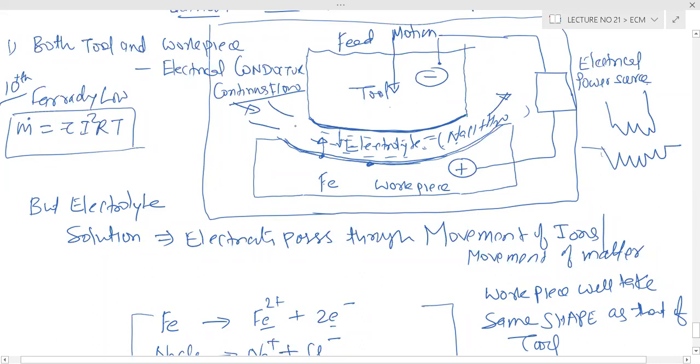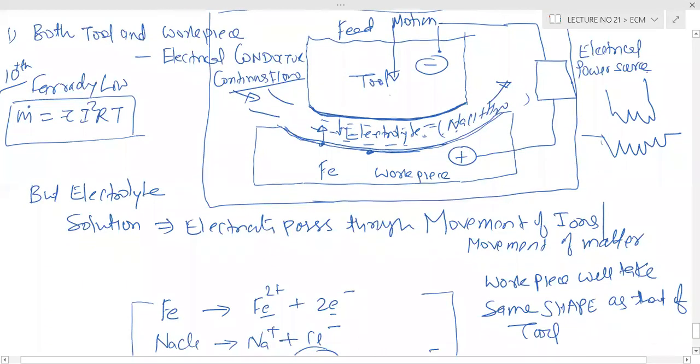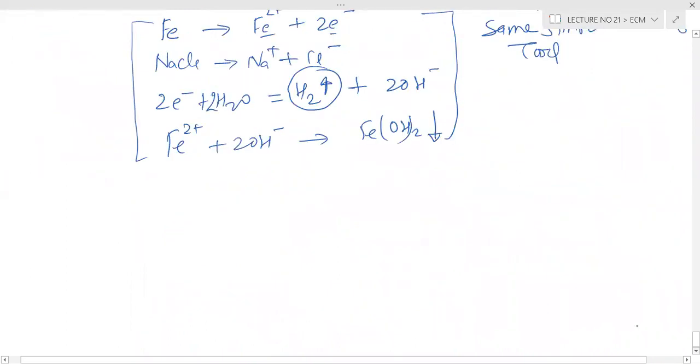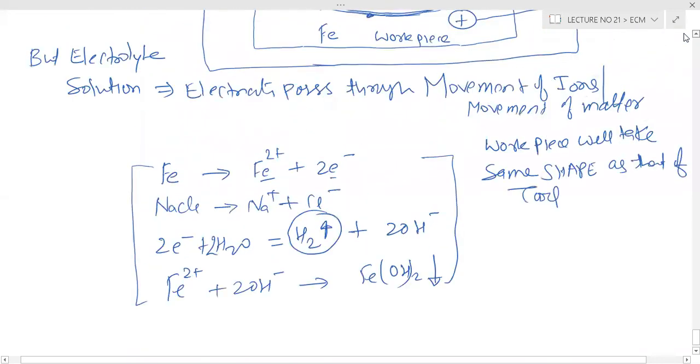So basically it is a very calm process. There is no force involved. Having understood how material is removed, what is the principle?